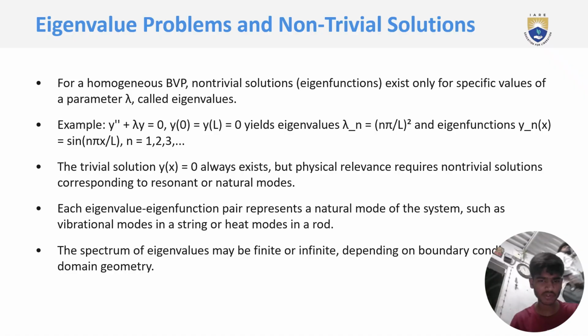Eigenproblems and non-trivial solutions. For homogeneous BVPs, non-trivial solutions, eigenfunctions, exist only for specific values of a parameter lambda called eigenvalues.